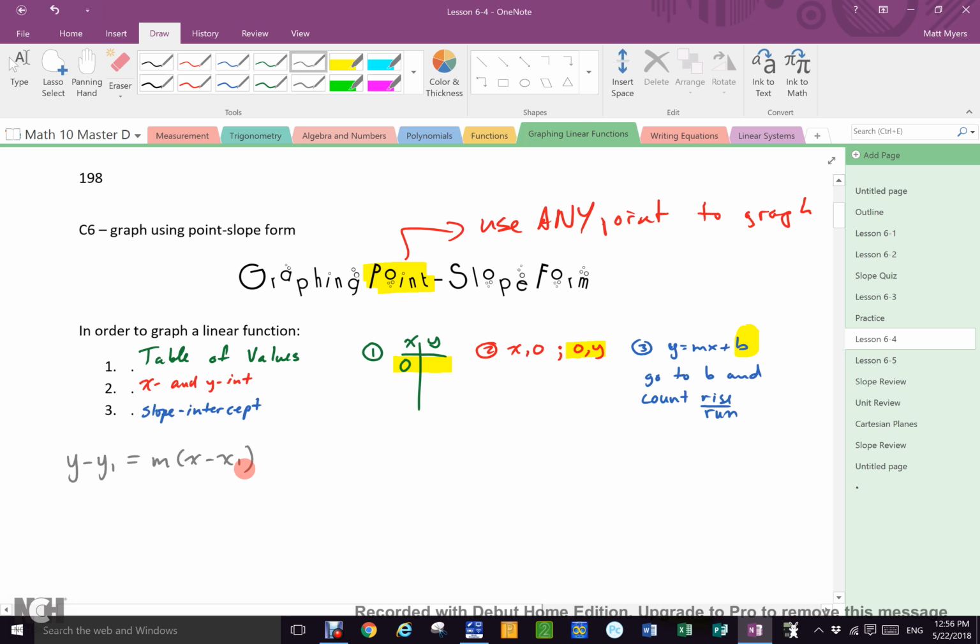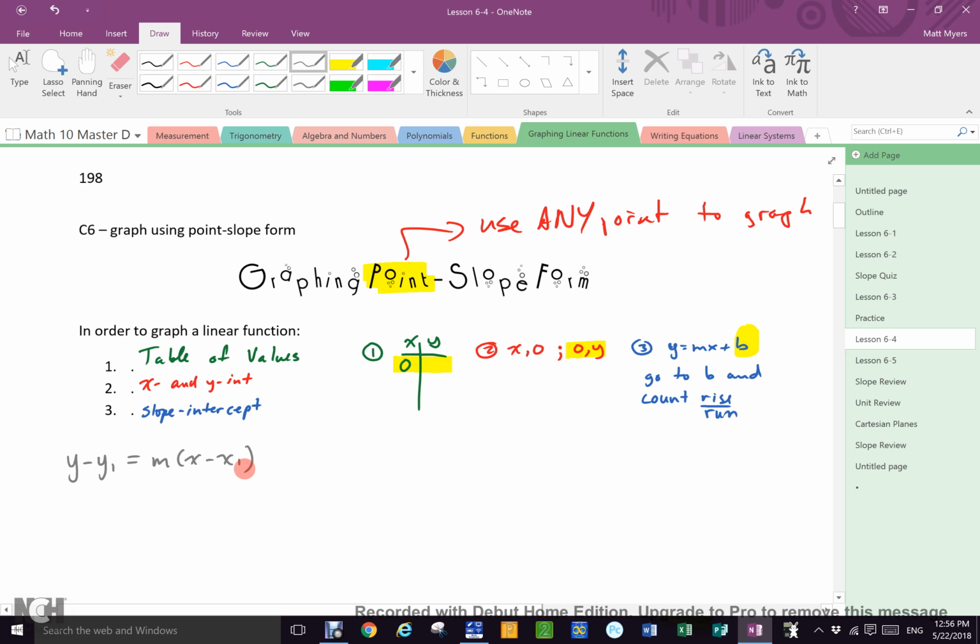It looks a little bit scary, right? Is it? Does this look okay? Sure. What about it looks okay? What about it you're like, oh, I can deal with that? Eric? It's got X's and Y's and what else? An M. We know how to deal with X's and Y's and an M, don't we?